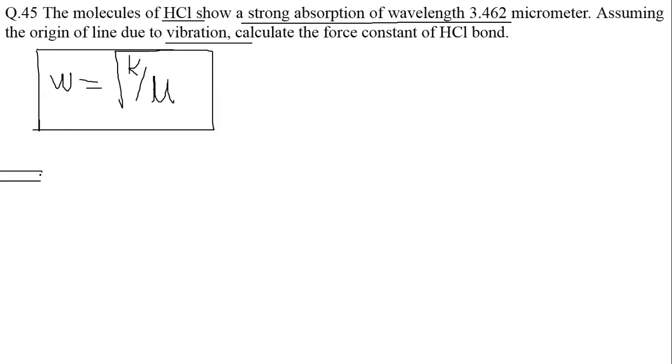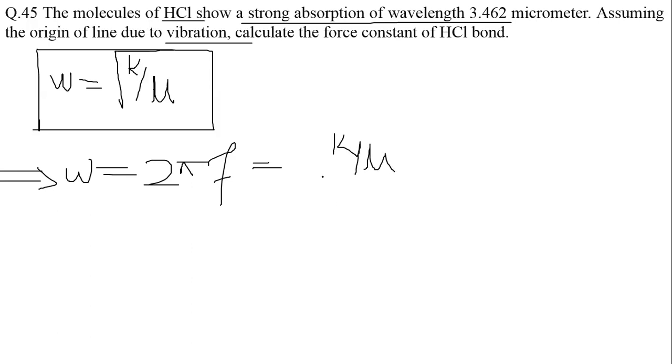If you convert omega into frequency, because here wavelength is given, from wavelength we can calculate frequency. From frequency, omega is 2 pi f, where f is frequency, which equals root over k by mu.